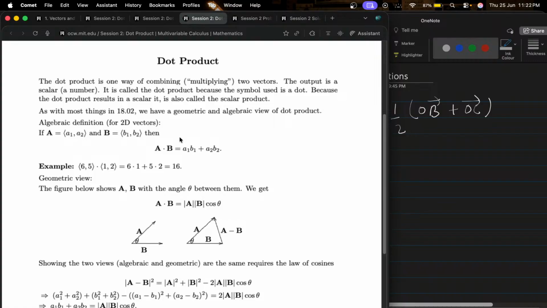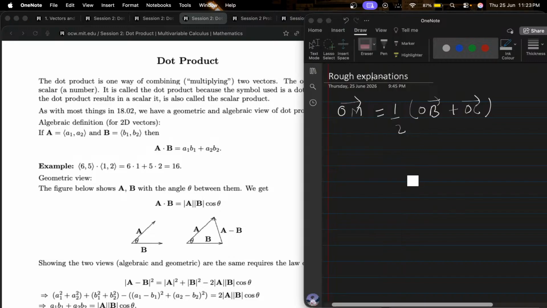Okay, so it described the dot product basically in both algebraic and geometric form. In algebraic form, we can write it as this. Let me select the pen.